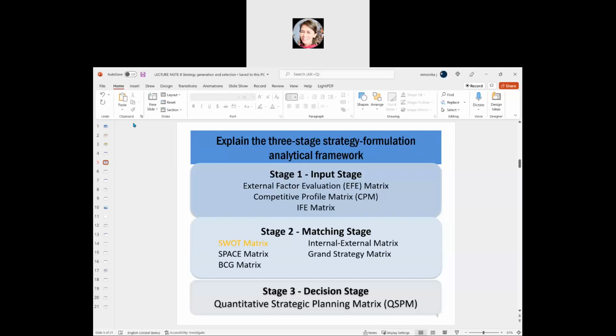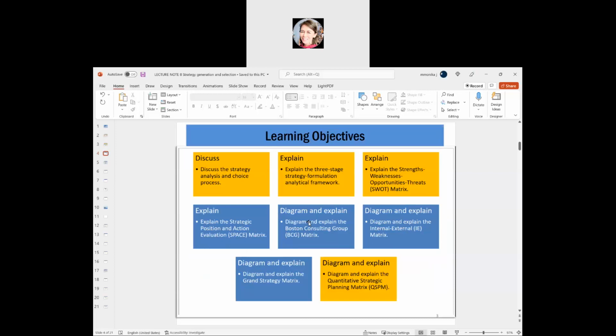Firms can do this by adopting any one of the matrices, whether they choose to do SWOT analysis, SPACE, BCG, IE, or grand strategy. So it's up to the organization or the strategists to choose which one. In our case, in this assignment two, we are choosing the SWOT matrix instead of the rest.